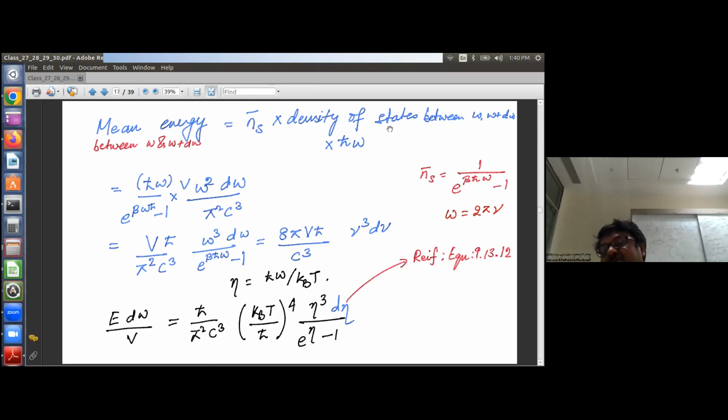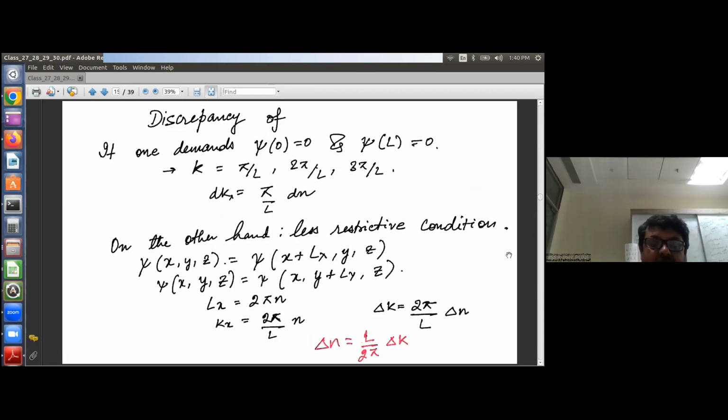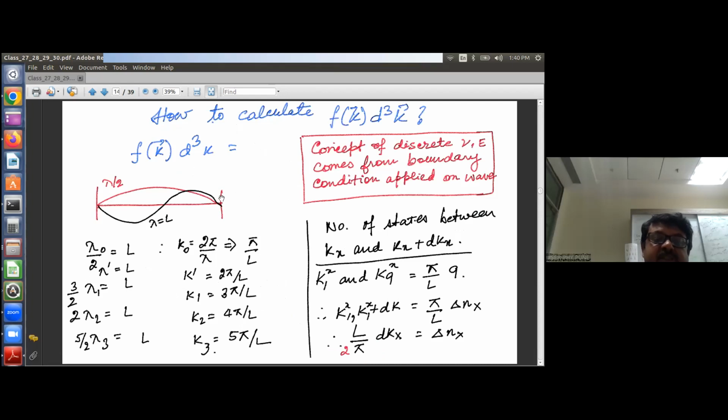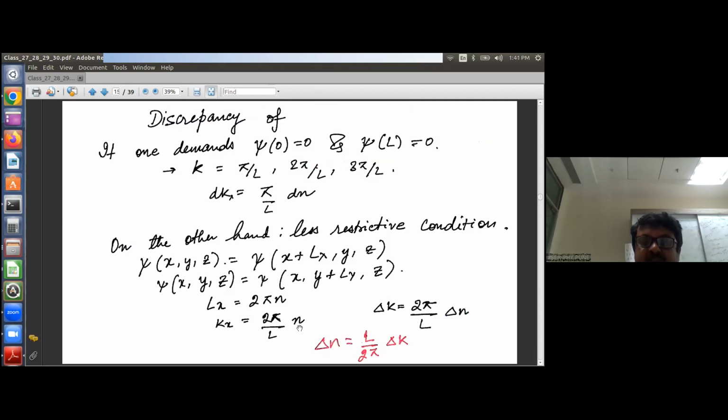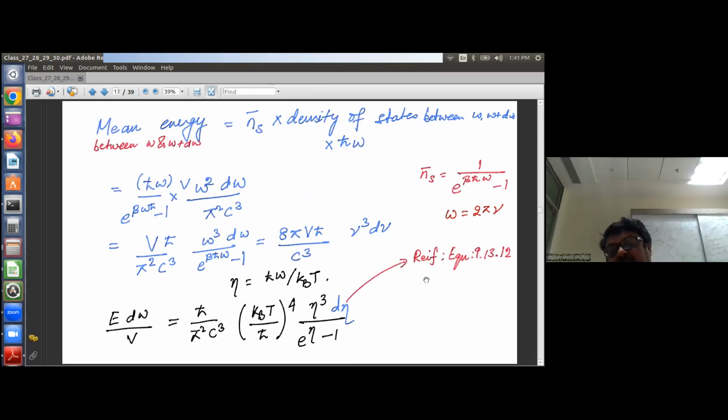Now, this is not microstates, this is the number of energy levels. How many quantum states are there between omega and omega plus d omega, which we found by quantizing k, and k is related to omega, right? We got discrete values of energy by using such principles, since k was discretized, as a consequence of which omega is discretized, as a consequence of which you can count how many quantum levels there are between omega and omega plus d omega.